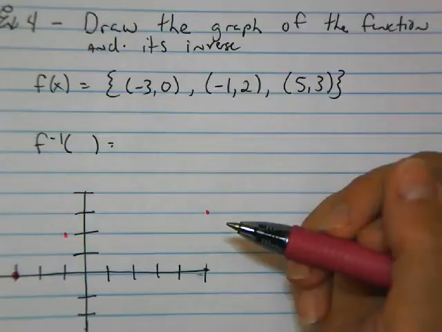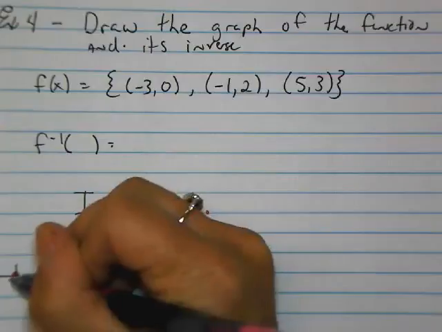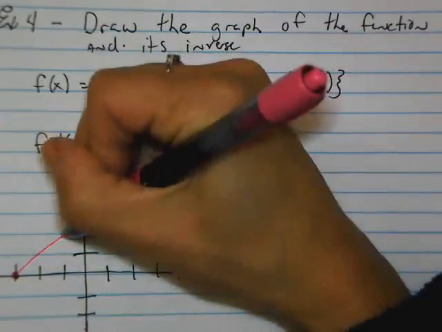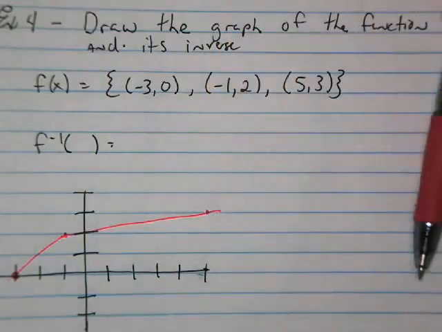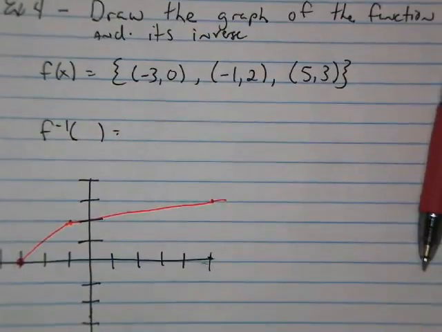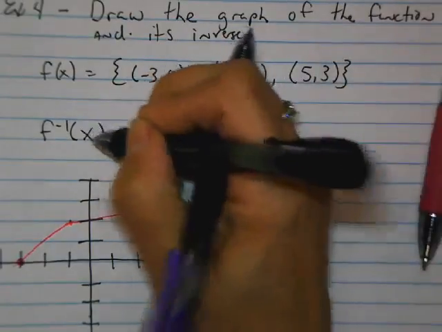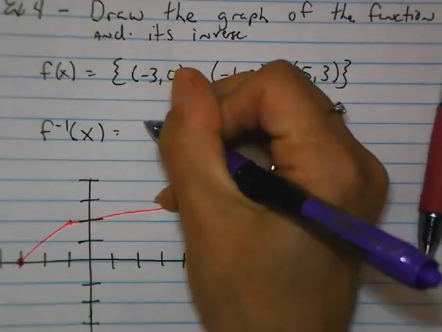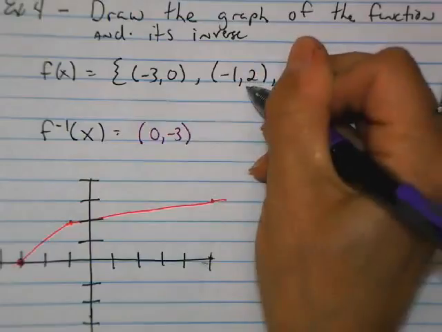Alright, so that function looks like, okay, so my new function is going to be a reflection over the line y is equal to x, which is a diagonal line right here. So essentially what you're going to do is flip your point. So this becomes 0, negative 3. This becomes 2, negative 1. And this becomes 3, 5.